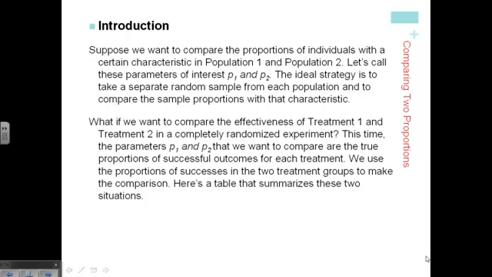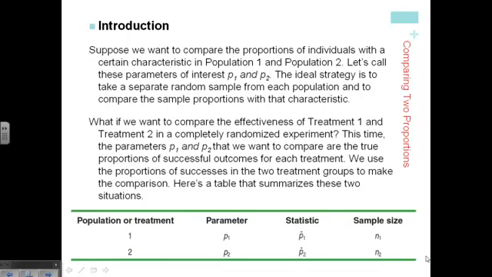So we give one group one treatment, let's call that population 1. We give the other group the other treatment, let's call that population 2. And then we say, okay, what proportion of you still have headaches? P1 is the proportion of people who got aspirin who still have headaches. P2 is the proportion of people in the acetaminophen group that still have headaches. But two distinct groups and then proportions within those groups.